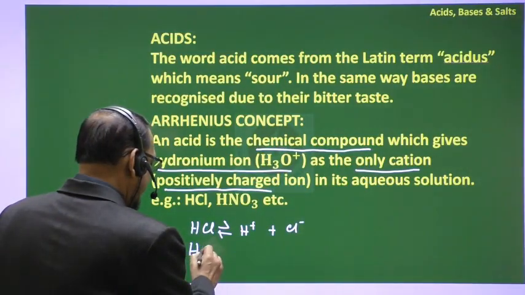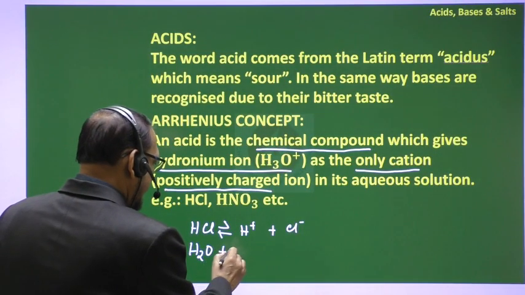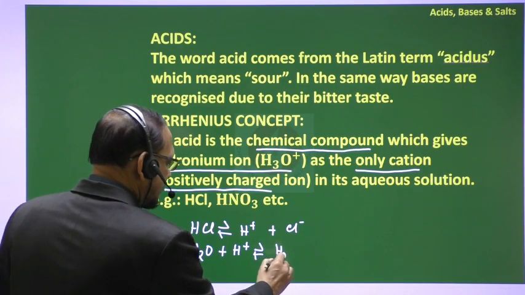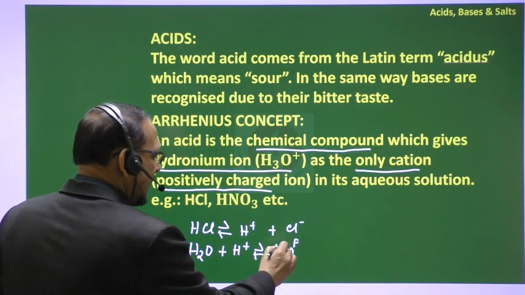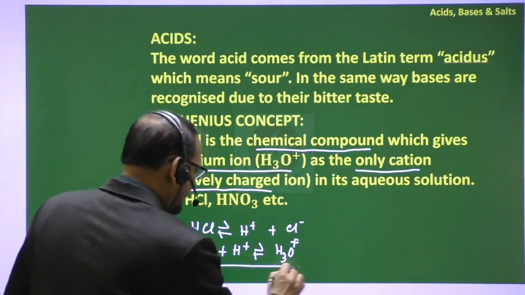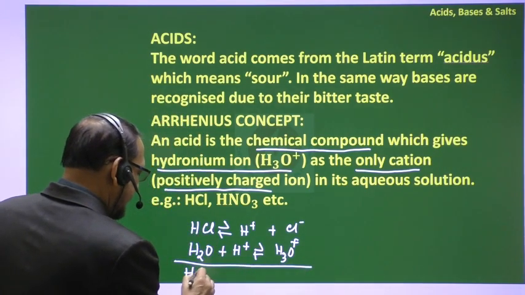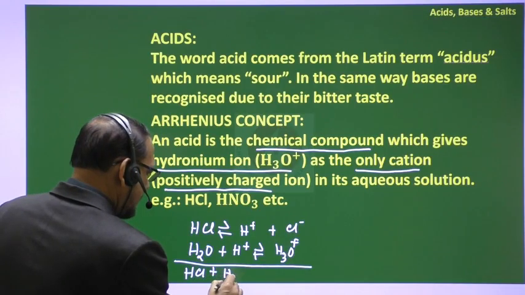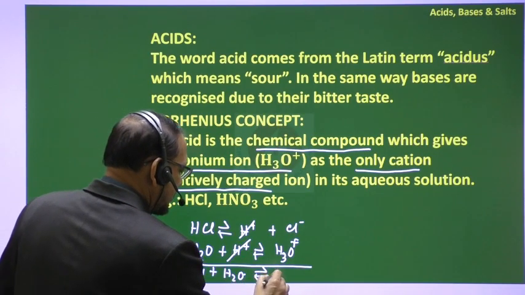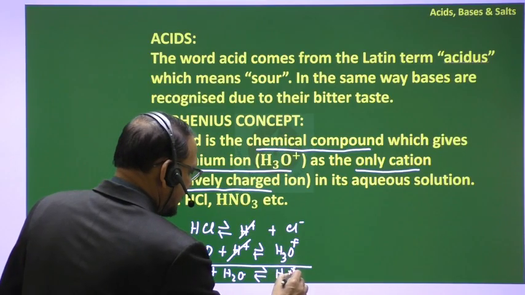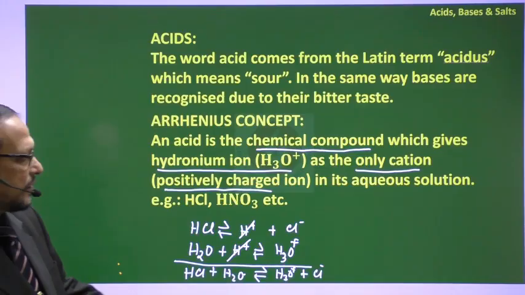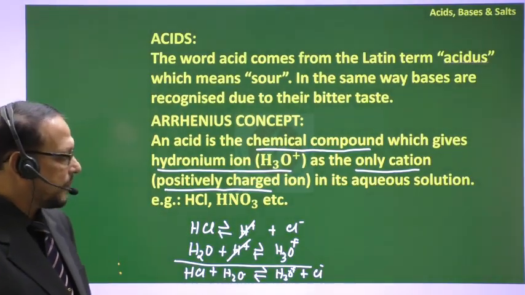In water, H plus exists as H3O plus, that is the hydronium ion. So if we add HCl plus water, this will cancel out, and with the reversible sign we get H3O plus. Here the only cation is the hydronium ion.